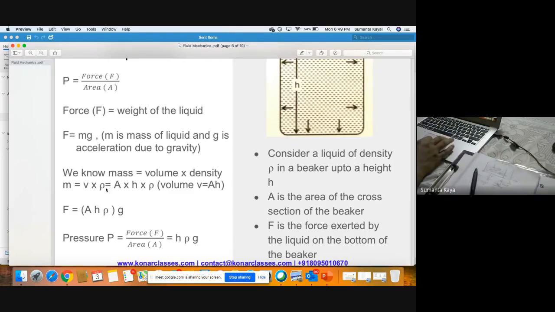So volume into density. Now, how is that story coming into my mathematics? Mathematical equation: M means volume into density. We all know that. Okay. Now, the more you increase the volume, the more the mass will be. See, now, if you make a ship, the base of the ship is iron.